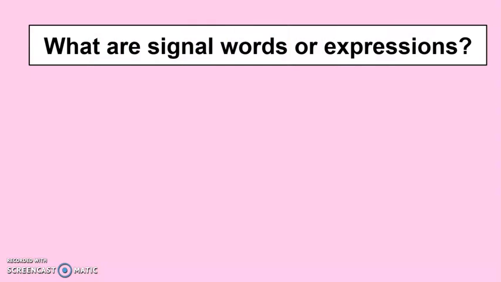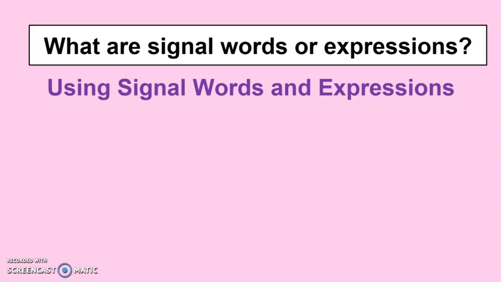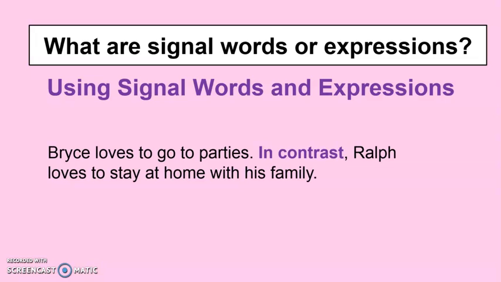Now let us begin this lesson by answering the first question. What are signal words or expressions? Let us use some examples. Say, for example, in this sentence, Bryce loves to go to parties. In contrast, Ralph loves to stay at home with his family.